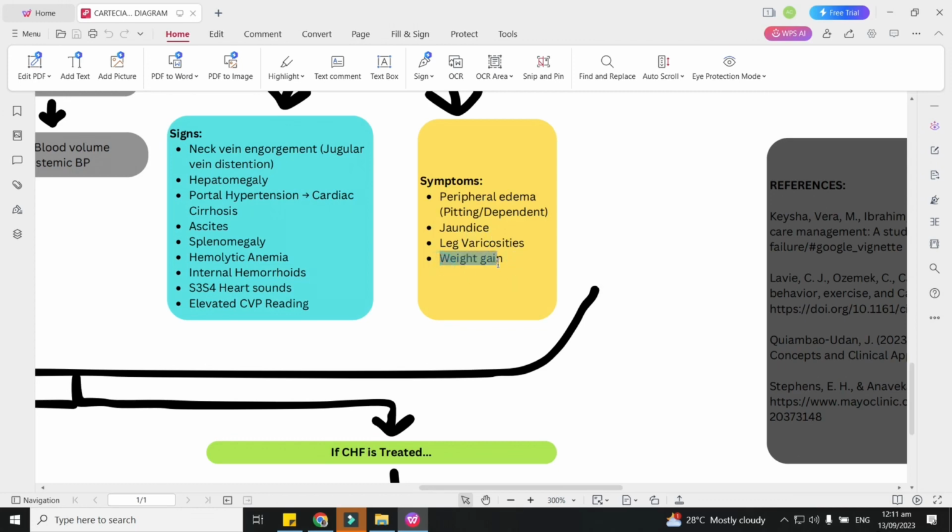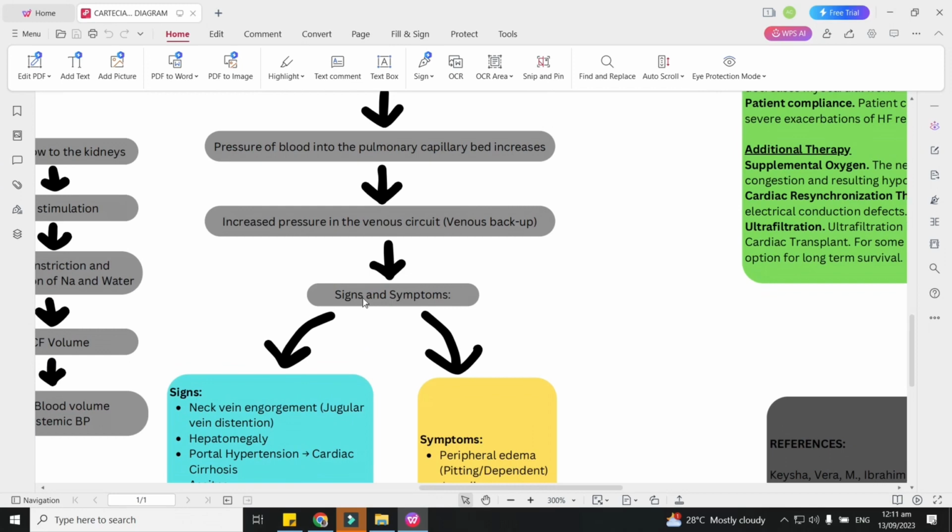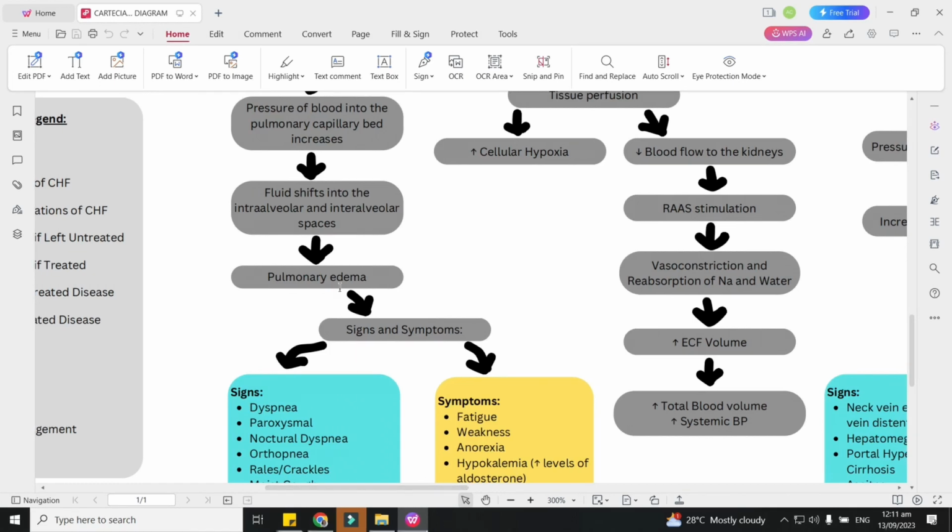Weight gain from what? From the water and salt retention, and of course from the blood that has been backing up to the venous circuit and to the pulmonary or in the lungs.